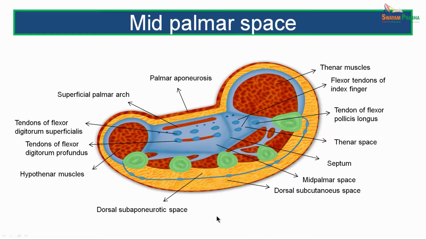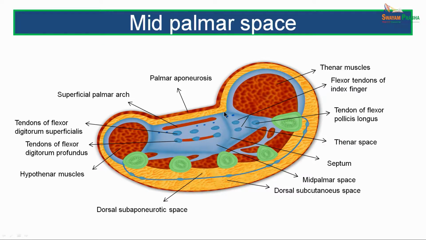Let us now see another picture which shows us a clear view of the boundaries of the mid-palmar space. Anteriorly, the mid-palmar space is bounded by the palmar aponeurosis. Posteriorly, it is bounded by the third, fourth and fifth metacarpal bones and the palmar and dorsal interossei between them.